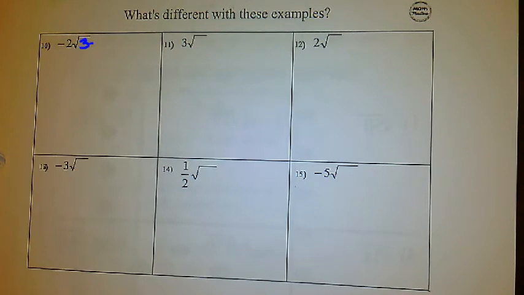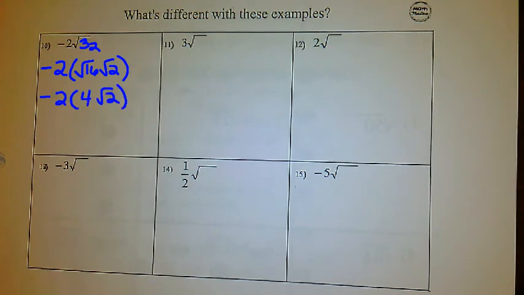Okay, so now what we're going to do is keep whatever the number out in front is, we're going to keep that. And then we're going to work with our radicals separately inside. So I know that 32 can be broken up into 16 and 2. Now I'm going to simplify this radical, and then whatever's in front, those things get multiplied together for my final answer.